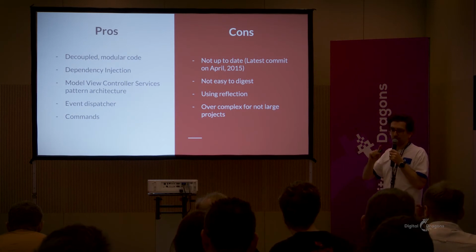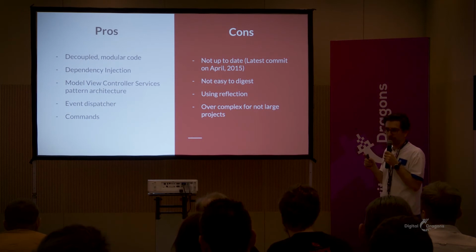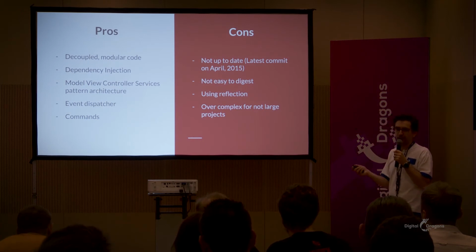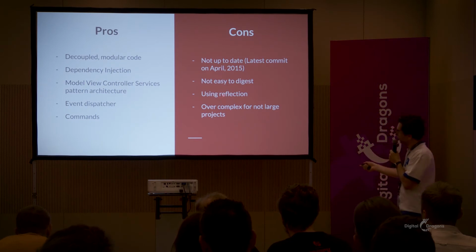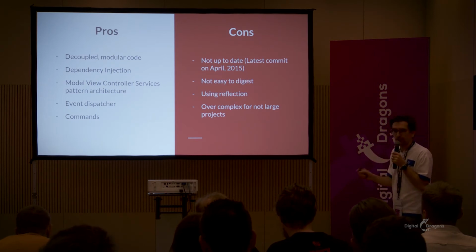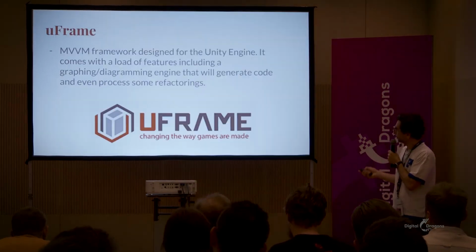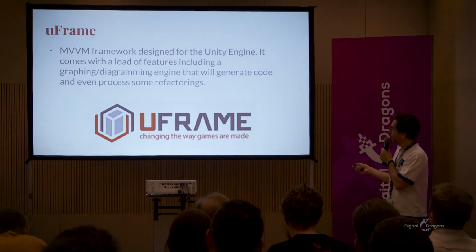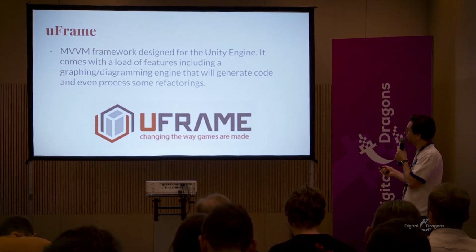Reflection is very expensive in Unity, but we can use reflection if it's only used at the beginning, so it doesn't have any impact on the game later. So using reflection is fine if we are using it at the beginning, and it's over complex for non-large projects.